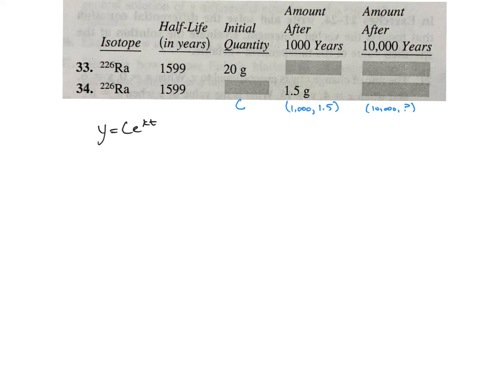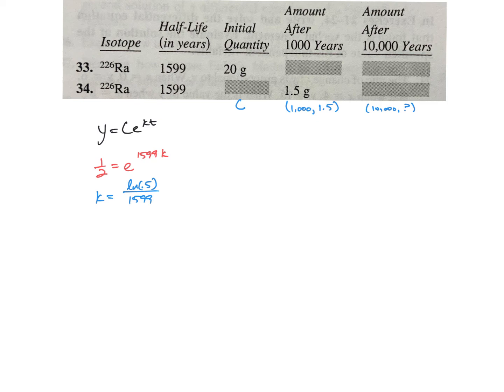So just like what we talked about in our last problem, what do I want you to jump to? 1/2 is equal to e to the 1599k. So then we do what to it? We natural log it, and then what? Divide by 1599. So k is equal to the natural log of 0.5 over 1599. Whatever that number is.